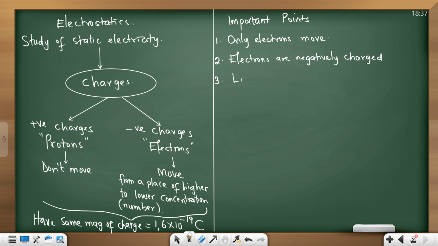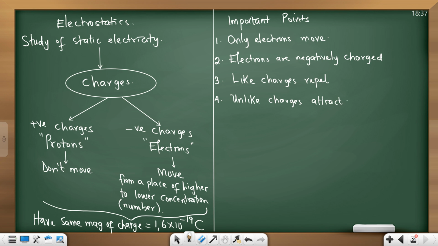Number three, like charges will repel. Number four, unlike charges will attract. Four basic points there.